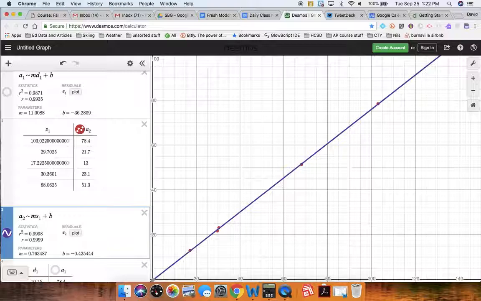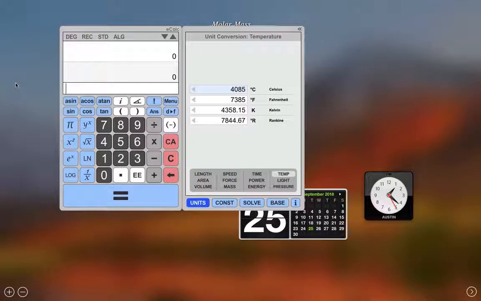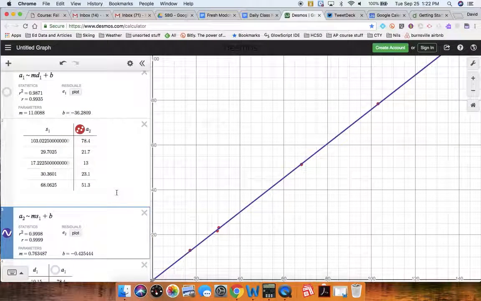So the slope should be pi divided by 4. And if we double check that by just taking pi on a calculator and dividing by 4, that value is 0.785. And the slope we actually got was not far from that, 0.763, so within a few percent, and it's reasonable to think that we have the right relationship here.